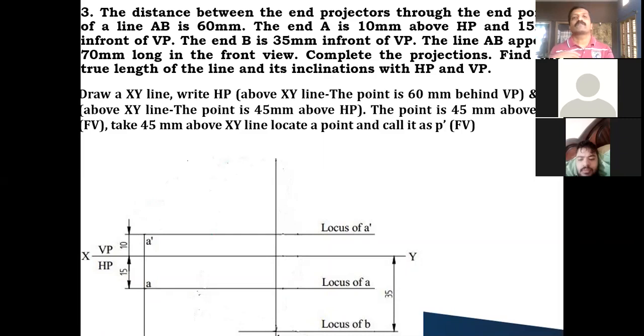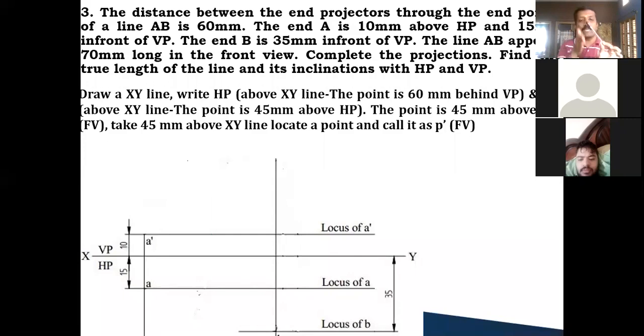So let me start from the beginning. The distance between the end projectors through the end points A and B is 60 millimeter. He has given this as one data. That means the end projectors, this is end A and this is end B, the line is inclined to both the planes. The distance between the end projectors through the end points of the line is 60 millimeter.